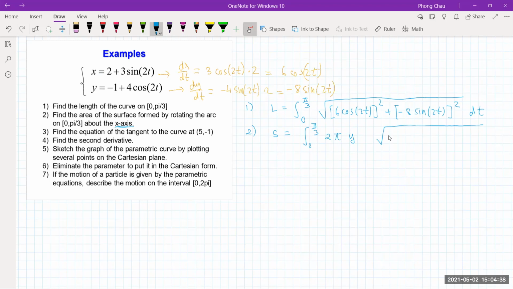Let me simplify this time. It's already 36 cosine squared of 2t plus 64 sine squared of 2t dt.